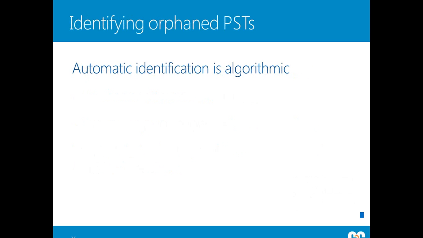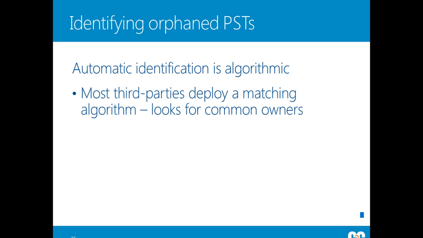The identification process for an orphan PST can only be automated by using algorithms, and these are going to determine the probable owner of the PST file. Now, most third-party software products rely on a simple matching algorithm. They're going to look for the most common owners in the commonly available metadata fields in the PST data.